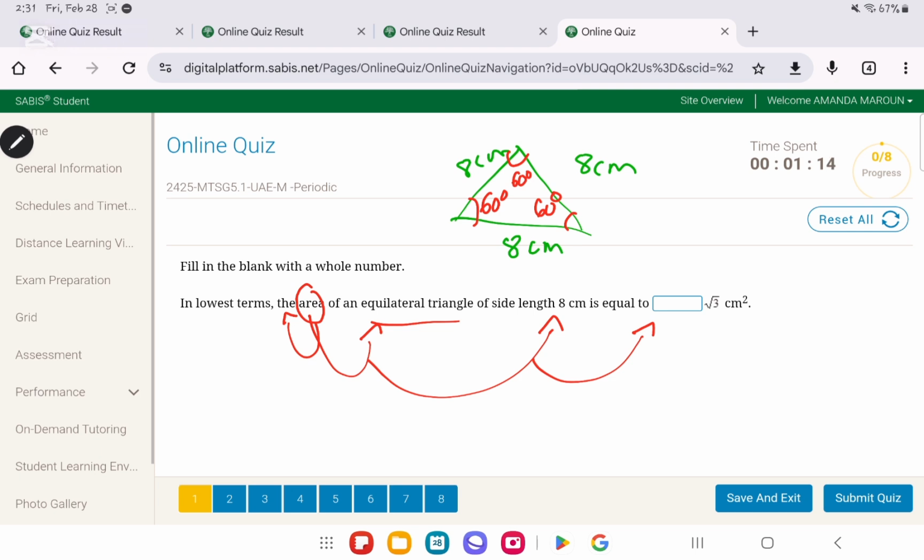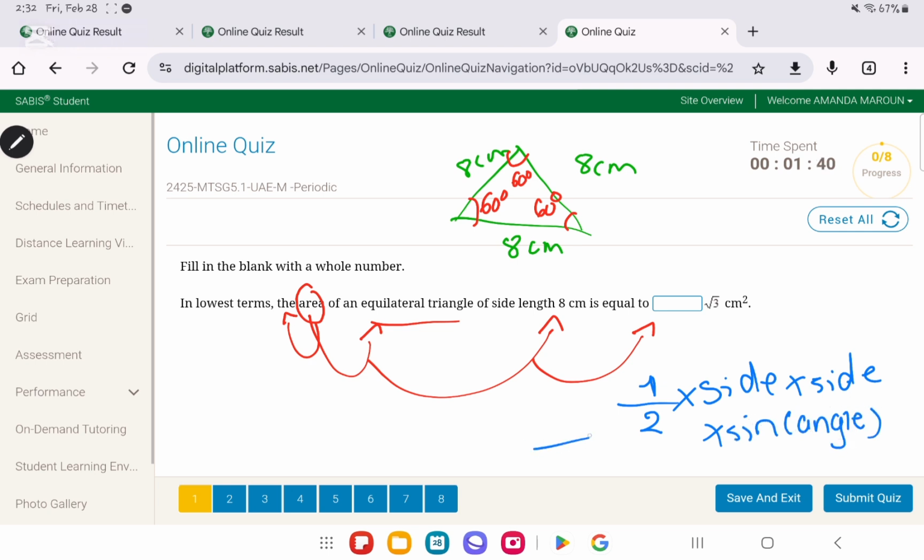So, very simply, to find the area of any triangle, whether it's a right triangle, not a right triangle, equilateral, isosceles, whatever, any triangle, to find its area, we are gonna do 1/2 times side times side times sine the angle in between them. This is for any triangle. This is to find the area of any triangle.